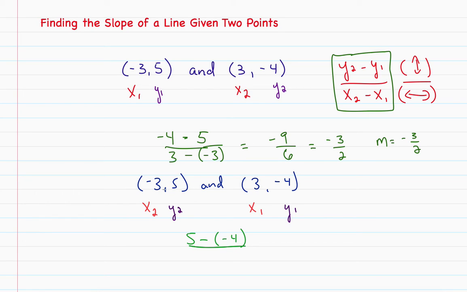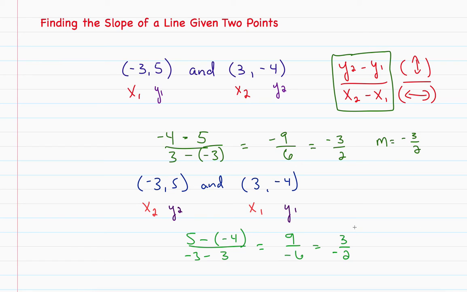And our denominator is going to be x2, which is negative 3, minus x1, which is 3. All right, so let's see what we get here. 5 minus negative 4 is the same thing as 5 plus 4, so I get a 9. And negative 3 minus 3 is negative 6. So this can be reduced to 3 over 2, and of course, it's a negative.